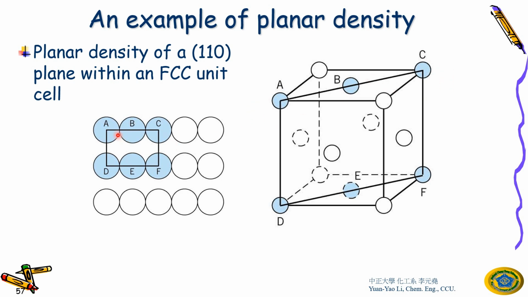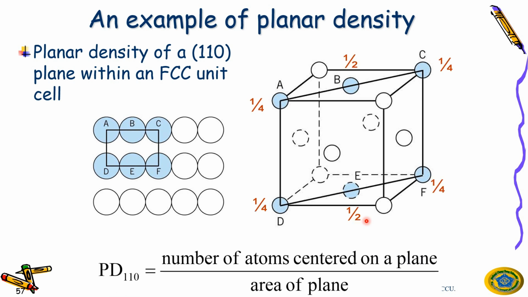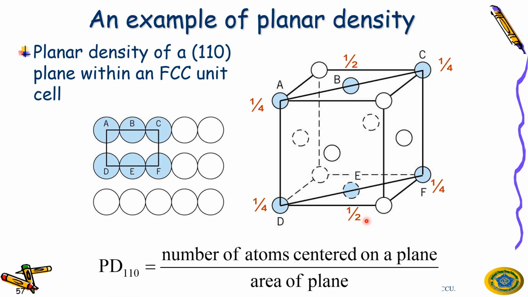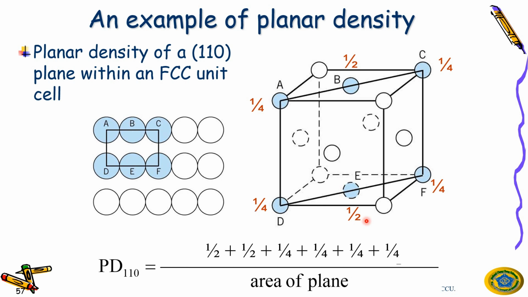So this one has a quarter of the atom, right? So 4 quarters means what? Means 1, right? And this is half of the atom. So this is 1. So how many atoms? There are 2 atoms in this plane.